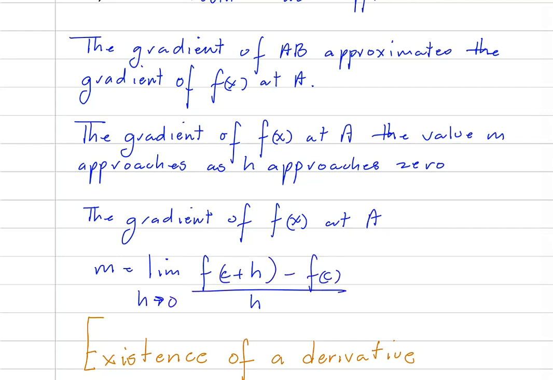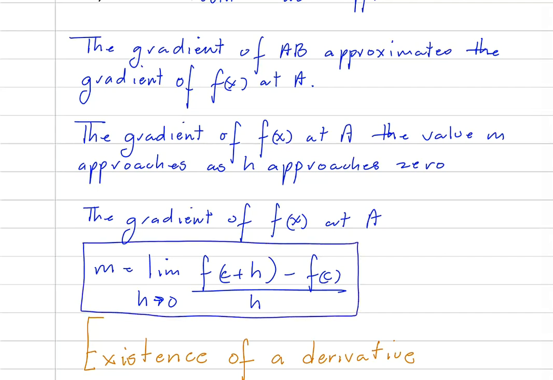The gradient of f of x at A is the value m approaches as h approaches 0, and that is the very definition of a limit. The value m approaches as h approaches 0 is another way of saying the limit of m as h approaches 0. And it is this formula for the gradient, which is the first derivative, that is called the difference quotient.